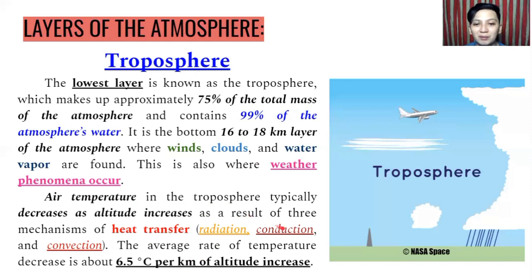Okay, so as a result of the three mechanisms of heat transfer, radiation, conduction, and convection, you will experience different temperature when you go up or when you go down. Okay, so the average rate of temperature decrease is about 6.5 degrees Celsius per kilometer of altitude increase.